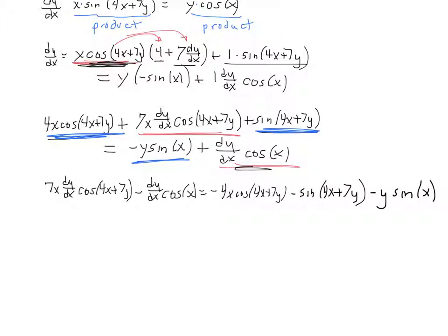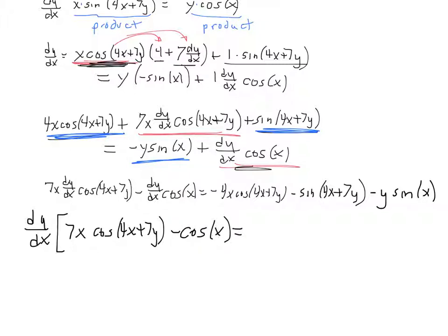Same thing as we did last time. We factor out a dy/dx because that's what we're solving for. So we get 7x cosine of 4x plus 7y minus cosine of x equals all that up there.